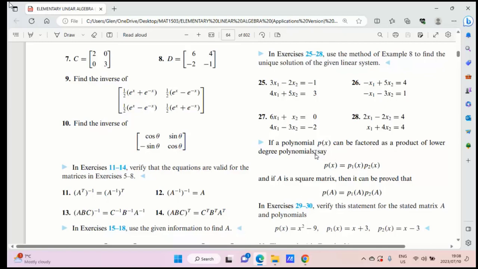Yes, 1 over 1 over 20 is 20. Okay, then it's fine. Yes, the determinant is 1 over 20, but what we're going to multiply the adjoint with is 1 over 1 over 20.